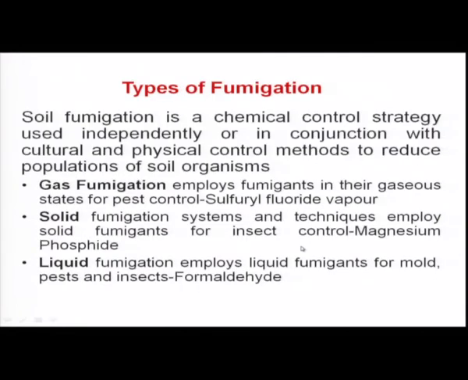Usually these soil fumigants are applied in three forms: gas fumigation, solid fumigation, and liquid fumigation. For example, formaldehyde is one liquid medium, magnesium phosphide is used as a solid, and in gas fumigation sulfuryl fluoride vapors are used, mainly to reduce the population of soil organisms, which would otherwise interfere with agricultural practices.